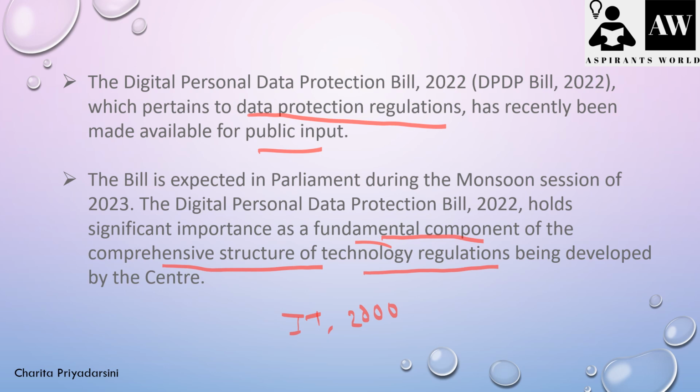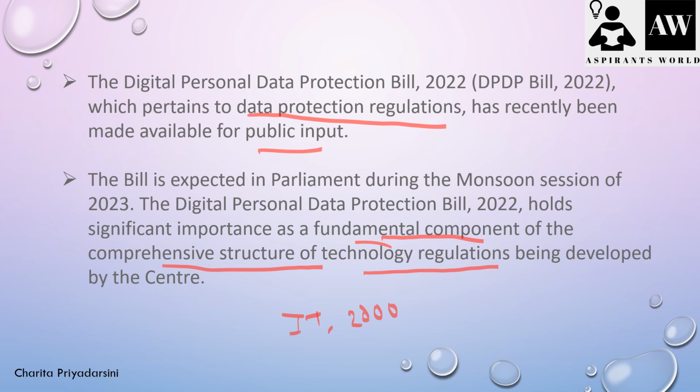In the year 2017 itself, the central government established a committee of experts on data protection, which was led by B.N. Sri Krishna. The primary objective of this committee was to investigate and analyze matters pertaining to data protection within the country. The report was submitted by the committee in July 2018.